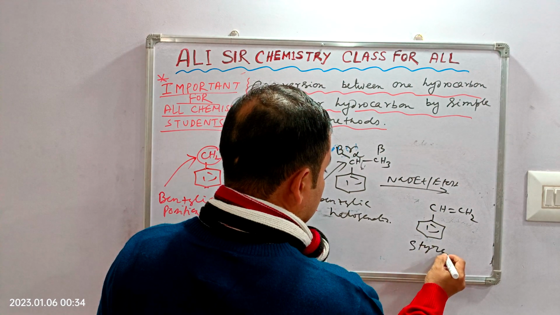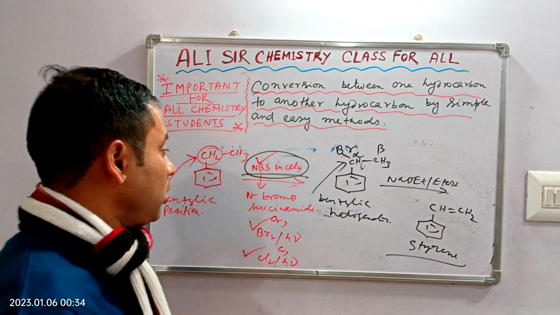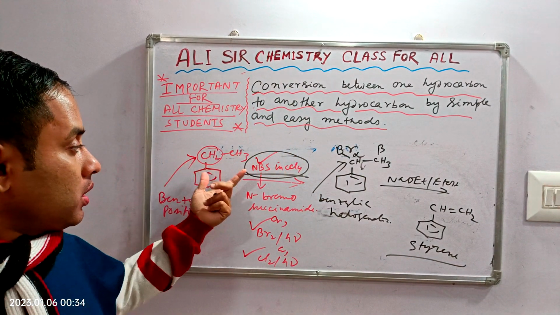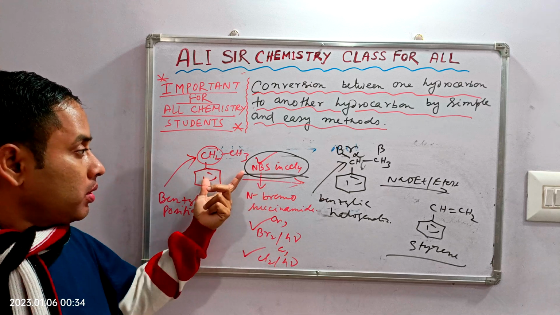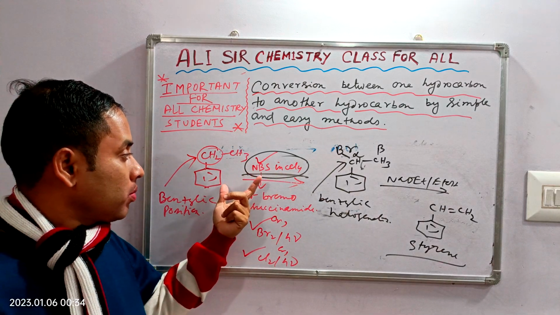So only 2 steps. Ethyl benzene to bromo compound: how did we convert it?